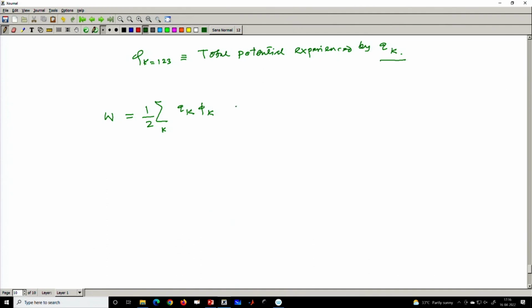This quantity is in Einstein notation, a repeated index, so I have half qk phi k. As I mentioned, qk phi k is the potential experienced by the charge qk due to all other charges.